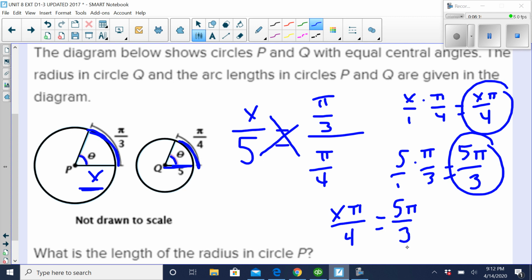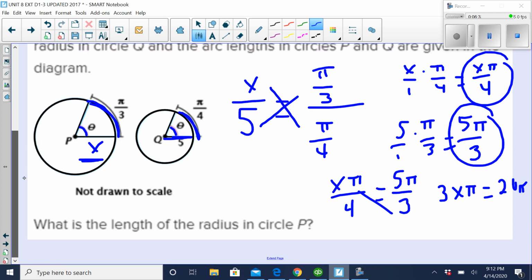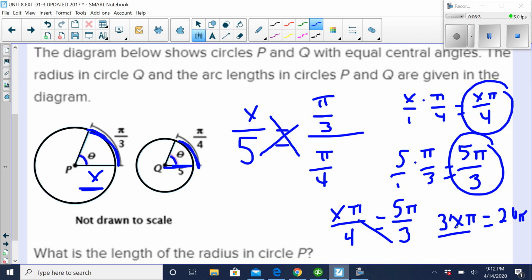And then once again, if I cross multiply, this time I get x pi times 3. So really I could think of it like 3x pi equal to 4 times 5 pi would give me 20 pi. Now from there, what's going to happen? Well, I could divide both sides by pi. Or I could divide by 3 pi right away if I wanted to do it in one step.